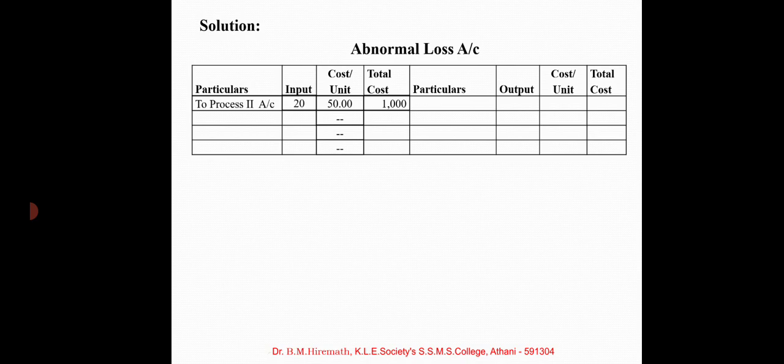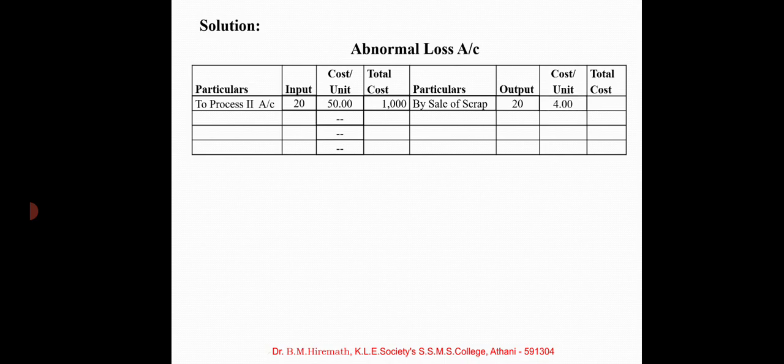This 1000 is not the value of abnormal loss actually, because we sell the scrap of 20 units and realize some amount, and that should be deducted from this. For that you enter by sale of scrap, that is 20 units, and in process 2 the scrap is sold at rupees 4 per unit.